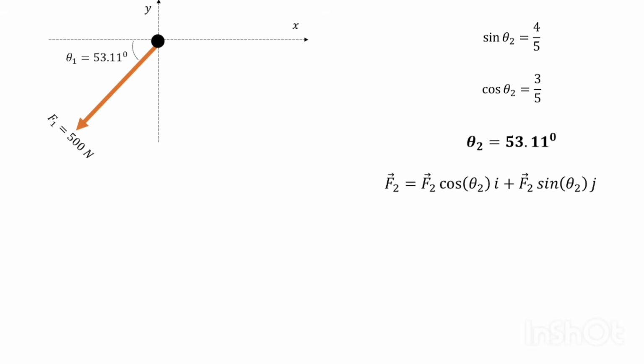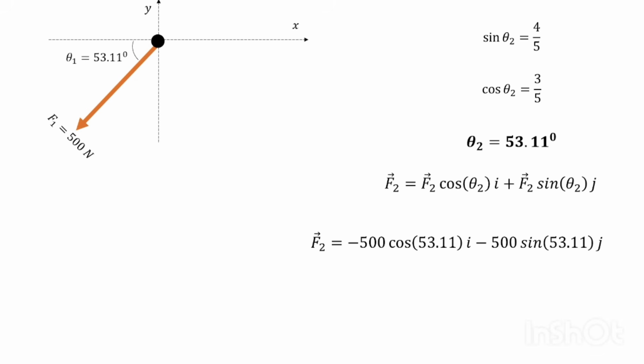So basically, we can find the components of our force F2 by applying our formula, and if we introduce our values into it, we have F2 to be minus 500 cos 53.11 i and minus 500 sin 53.11 j. Let's note the reason for the negative sign in this case: if you resolve this force to the horizontal axis, it is going to be pointing leftwards, which is opposite the direction of the x-axis.